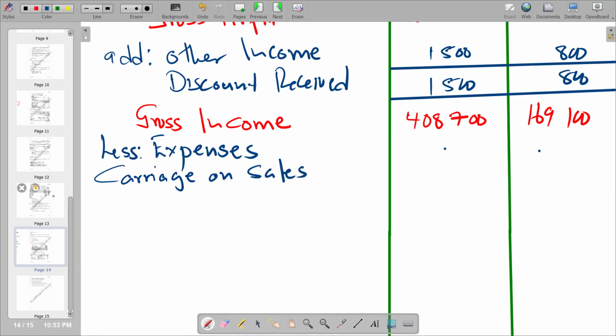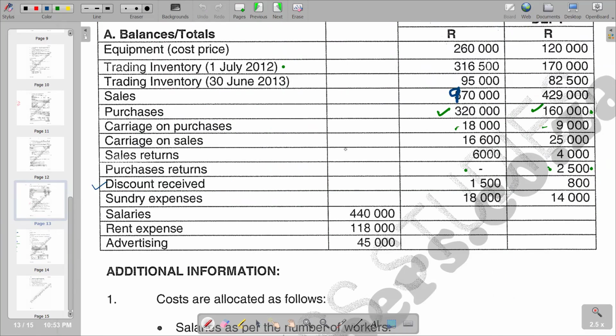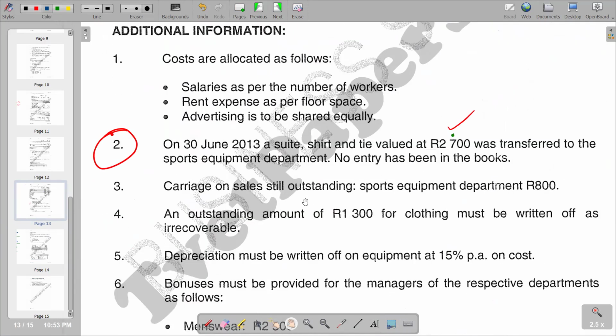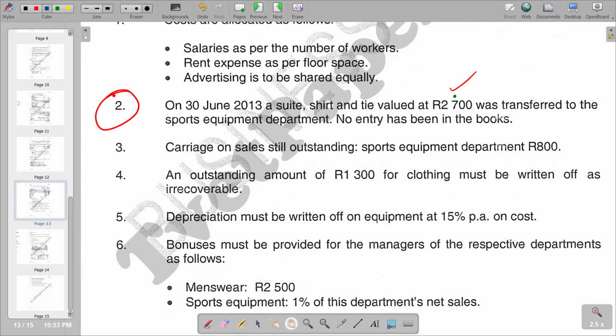So the question is, what figures do we have for carriage on sales? We do have 16,600 for the first column, 25,000 for the second column. But of course, we do have that adjustment that we picked earlier, which says carriage on sales still outstanding, sports equipment. So it's outstanding only for sports equipment, 800. And we know that when it's outstanding, you're supposed to add. So we add to sports equipment.